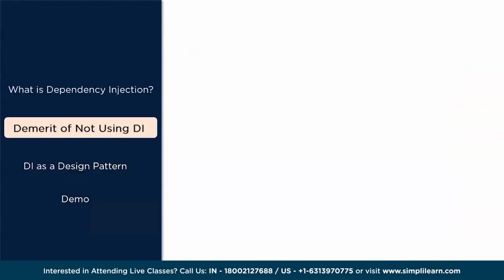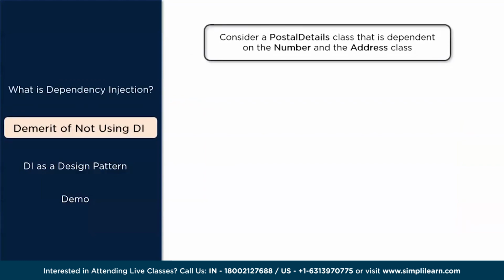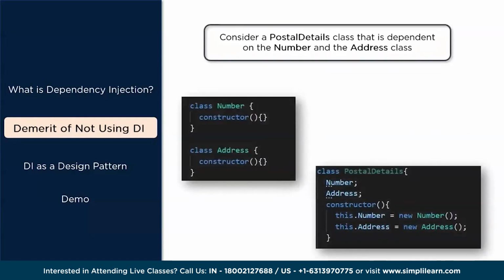Next up, let's have a look at the drawback of not using dependency injection. Now let's consider class postal details that is dependent on the number and the address class. In the postal details class, the constructor creates copies of the number and address. So when you instantiate a new postal details class, the constructor instantiates a unique number and address.